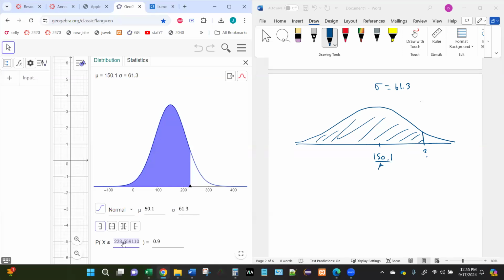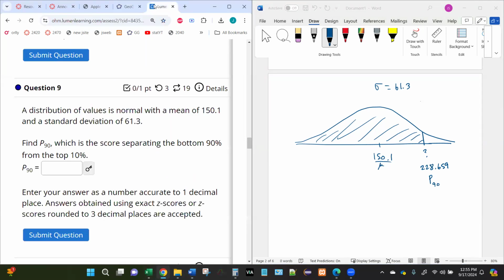So 228.659, that should be the 90th percentile. So if you have that value for whatever you're measuring in that case, then you are at the 90th percentile. Okay, so let's come back over here. 228.7 if we round to the nearest one decimal place. Okay, how's that? Does that answer your question?